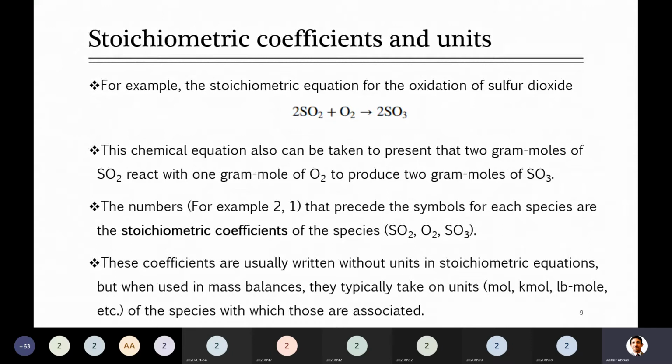Similarly, you can also call them kilomoles, or there can be pound moles. All these are units used with these equations, but they are usually not written. If you write 2, it means 2 moles; that can be 2 kilomoles, 1 kilomole, and so on. So these units are associated with these numbers but not represented.